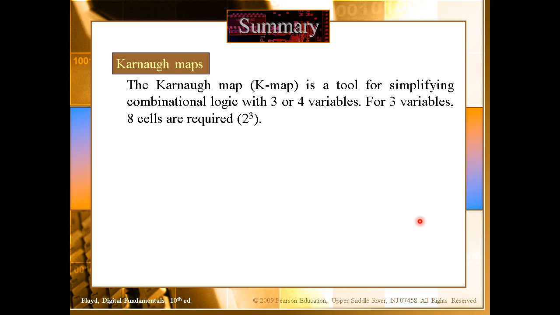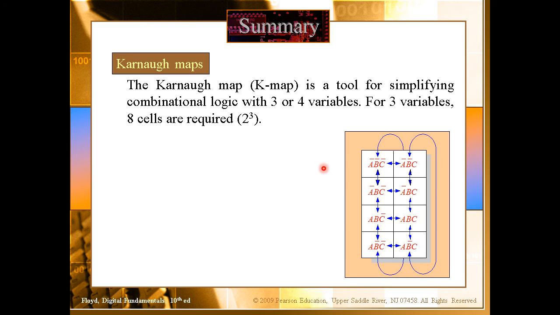And let's talk about this first. So in this case, to give an overview, what we do is we draw a table. Okay, to simplify it, we'll learn how to draw the table. Mostly, based on the expression, we draw the table. For example, if we have 3 variables in our expression, we draw a table with 8 cells. Why is it 8?